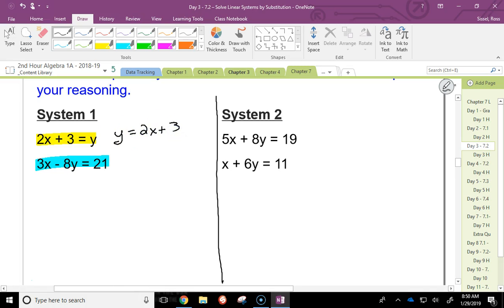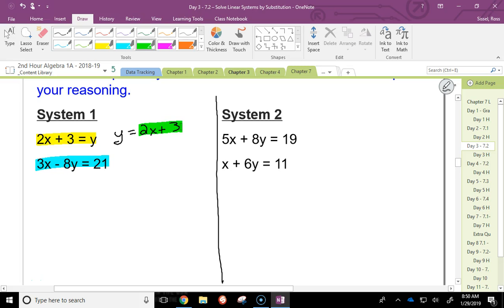Now, here's what I was talking to you about in the very beginning. Alexander has already said, hey, we have y alone, so I'm done. What I am going to do is, instead of y, I will say 2x plus 3. This is how you do your substitution.